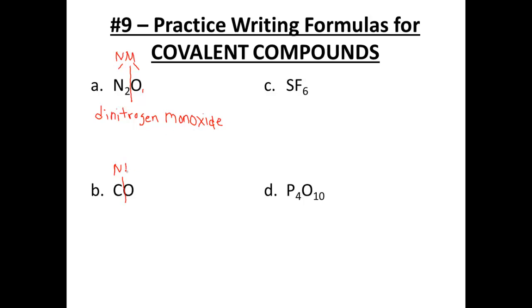Both are nonmetals, so we know it's a covalent compound for both of those. 1 carbon, 1 oxygen. For the first element, if it's just 1, we don't use a prefix for it. So no prefix for carbon. 1 oxygen, monoxide.